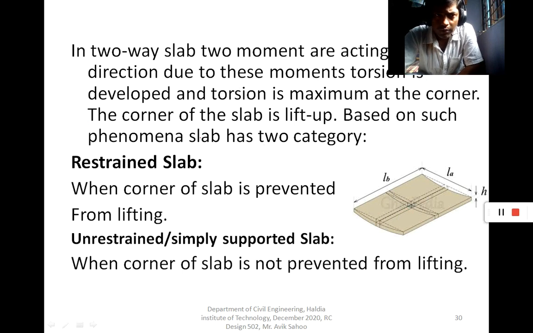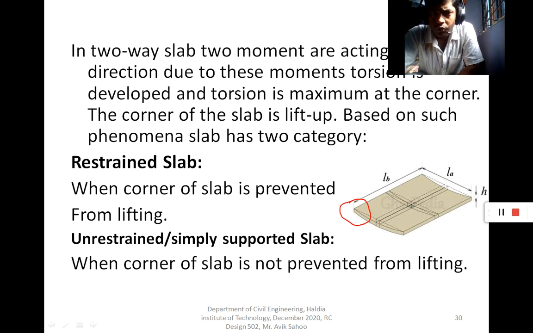You know that torsion is also a turning force which is applied about the axis. The twisting takes place, so the torsion is developed, and it is maximum at the corner region.